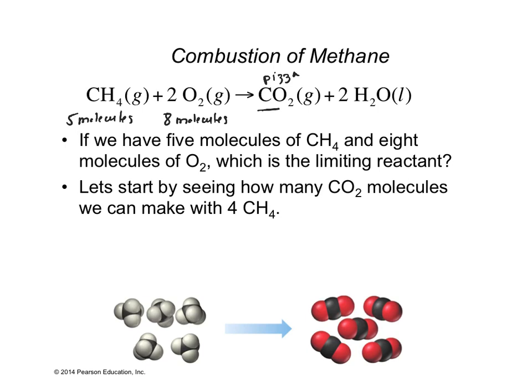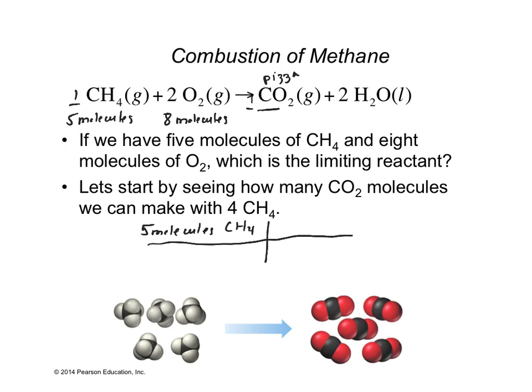So to figure that out, we're going to take our starting material. So we'll start with methane first. We've got 5 molecules of CH4, methane, and we're going to utilize those numerical relationships from the balanced chemical equation, right? So for every 1 methane, how many CO2s do I make? 1, right? Because I have a 1-to-1 relationship.